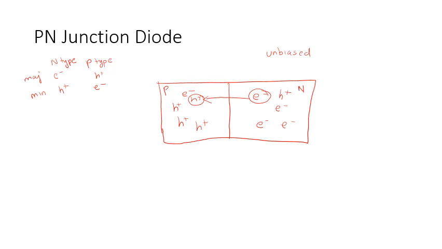Whenever this happens, this electron leaves behind something known as a positive ion and the hole leaves behind something known as a negative ion. So every time one electron from here goes and recombines with a hole over here, I will continuously start getting positive ions on this side and negative ions on this side.